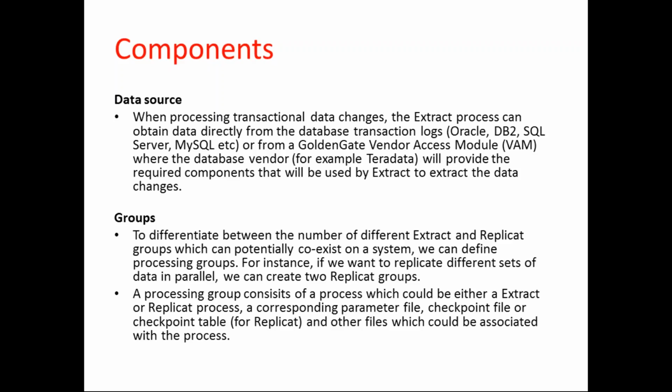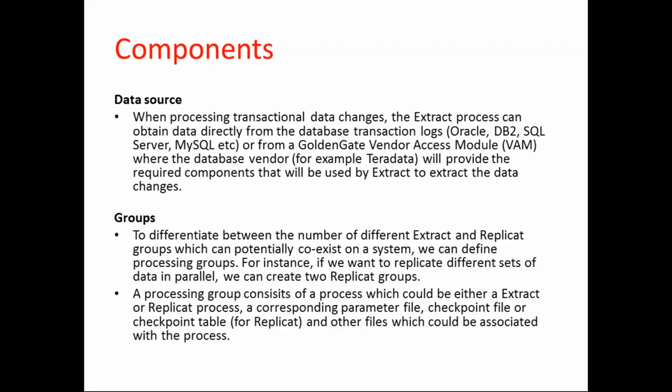Groups. Each process, we don't call it a process, we call it a group. So everything in GoldenGate is known as a group. Extract is a group, replicat is a group.